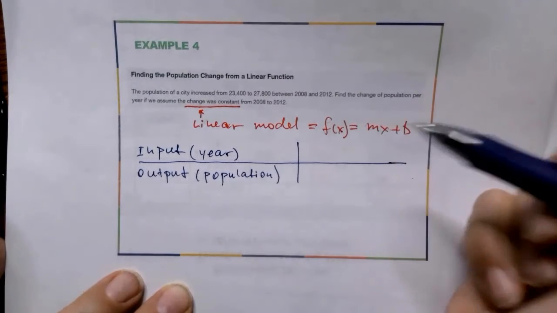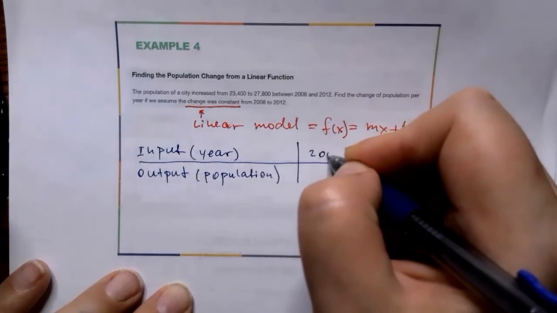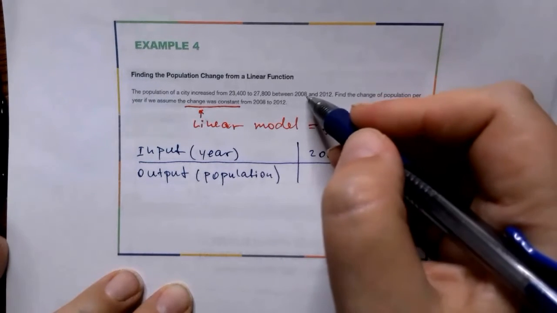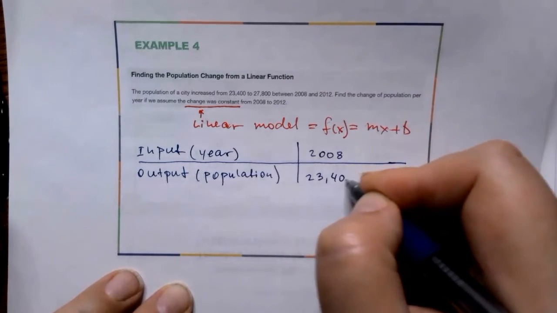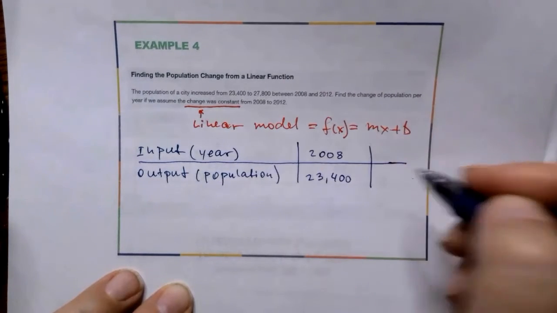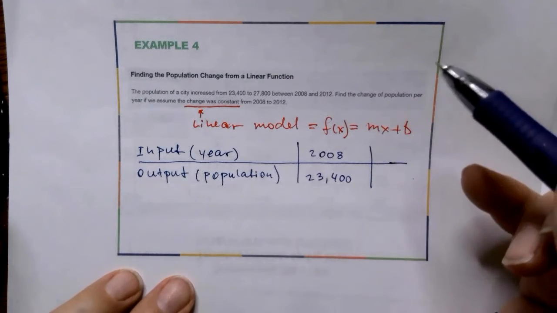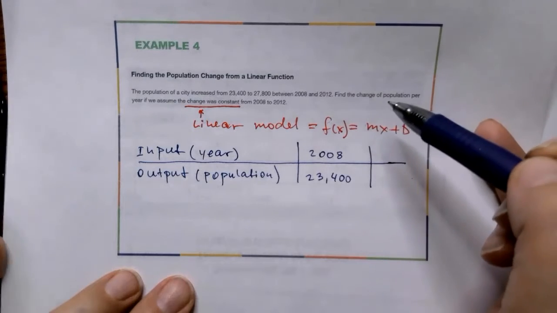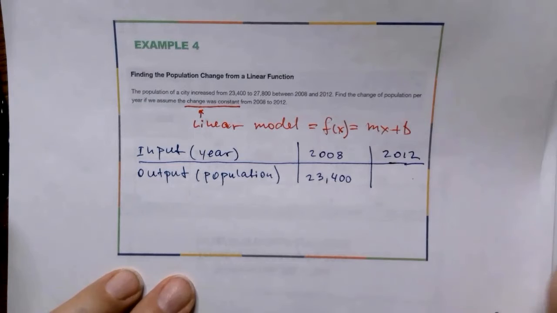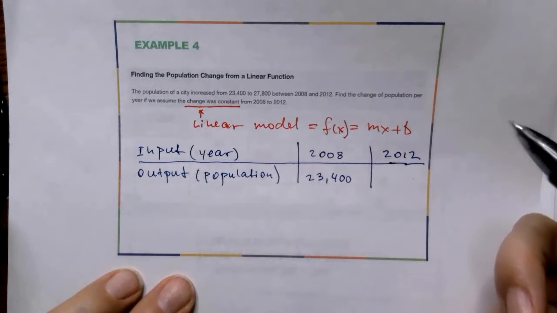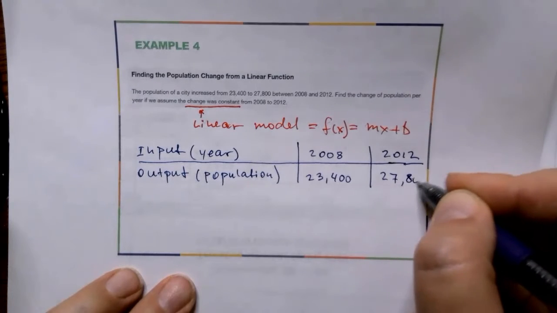Okay, and let's create a table of values. We're only given 2 instances, right? For the year 2008, the population value was 23,400. That's our first pair of values. And then the second instance was in 2012, and the population there was 27,800.